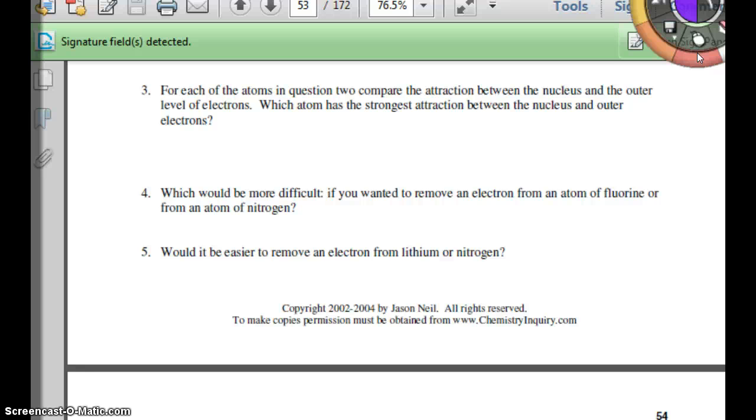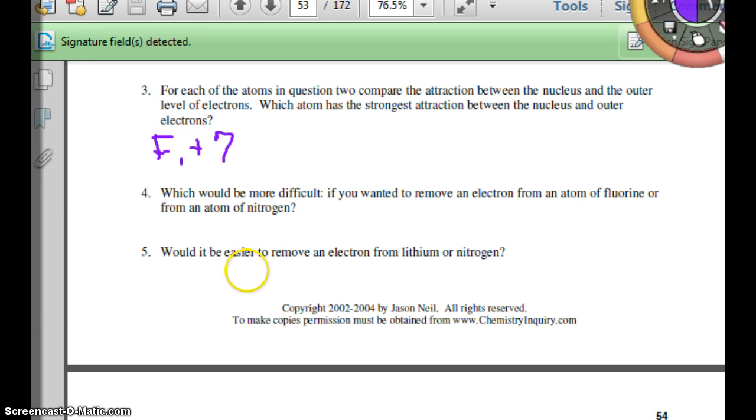So fluorine has the strongest attraction because it has a +7. From the nucleus that is attracting the outer level. Nitrogen's outer level has a +5 attraction, and lithium's outer level is a +1 attraction. So fluorine has the strongest attraction with a +7.